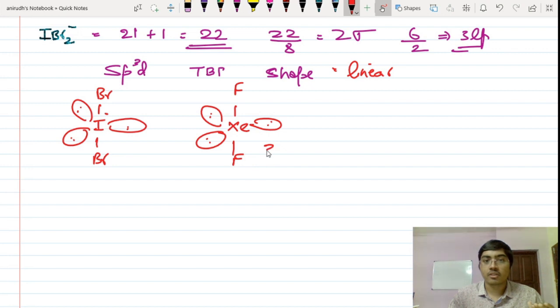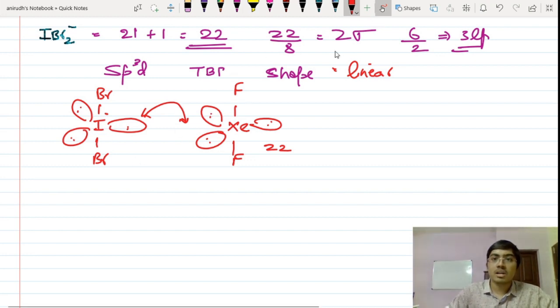In XeF2 there are again 22 electrons. So these two molecules are exactly similar in structure, in the number of valence electrons, in the hybridization, and in the shape that they have. The number of sigma bonds are also similar, the number of lone pairs of electrons are also similar. So actually these two are my answer.